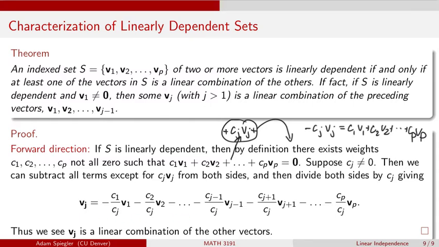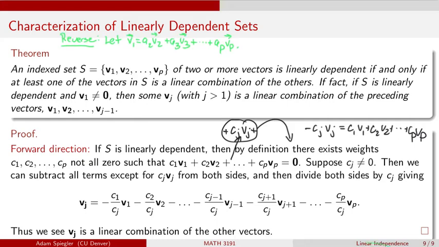And let's informally consider the reverse direction of this proof. So for the reverse direction, we instead assume that one of the vectors in the set S is a linear combination of the others, and then we're going to try and prove, therefore, that the set S has to be linearly dependent. So I'll write the proof up here.